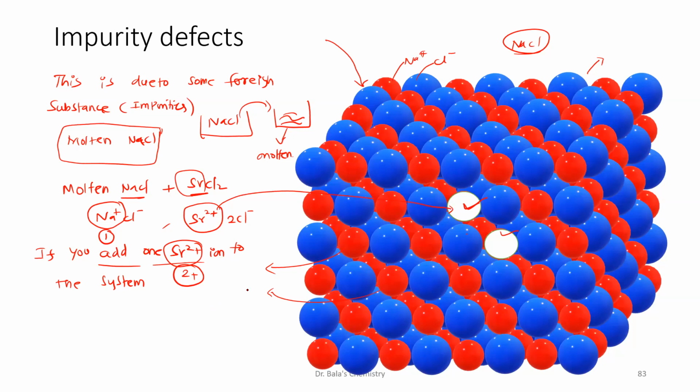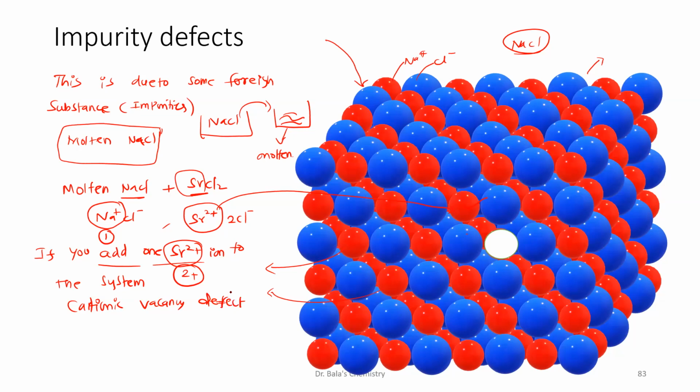Then what about the remaining one? One Na plus position will be unoccupied. Na plus is a cation, so that is what is called a cationic vacancy defect.